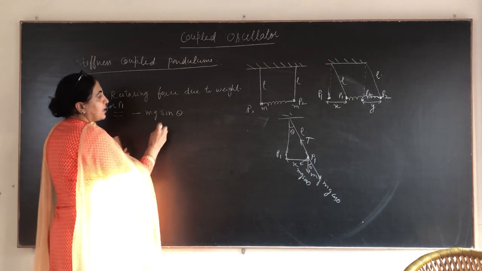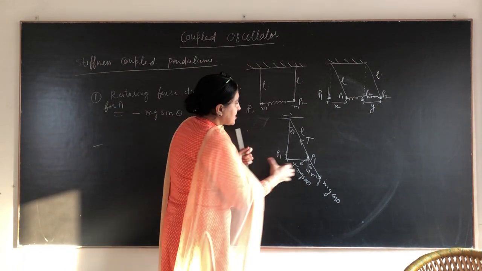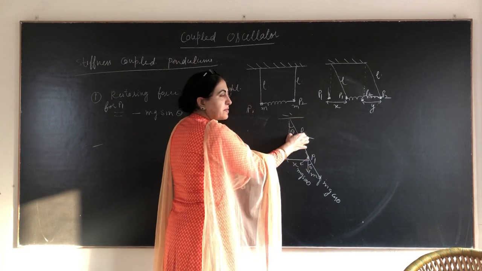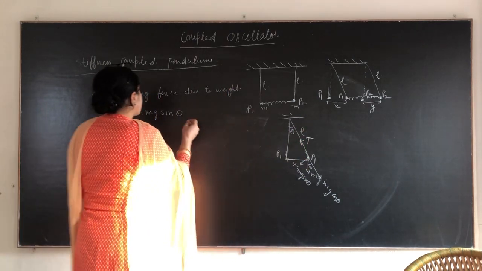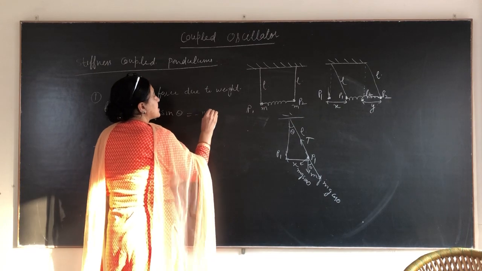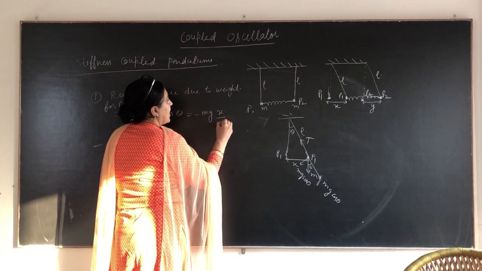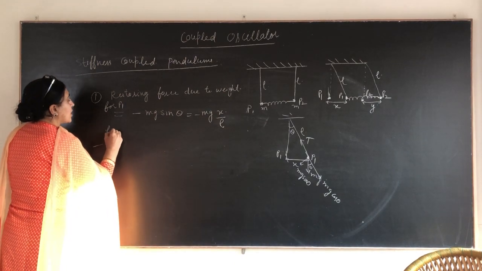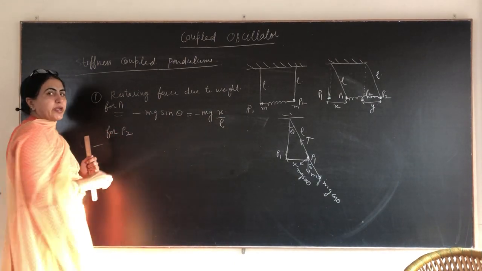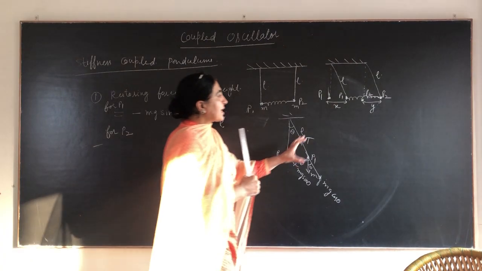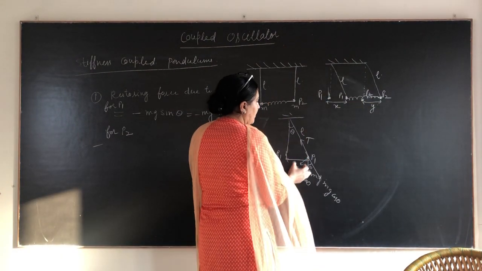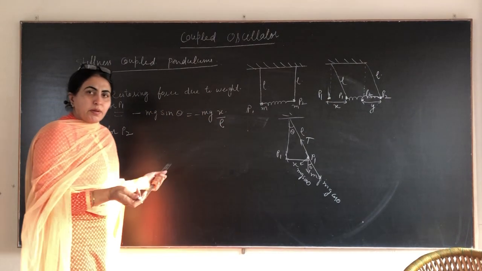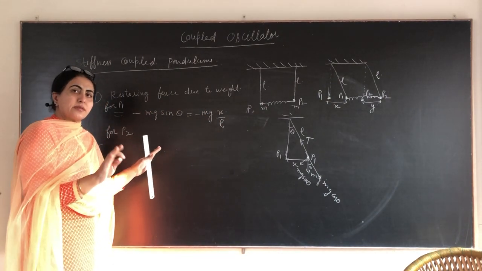Clear? And what about sin theta? This is the x displacement, this is L. So sin theta will be x by L. So this is minus mg x by L. Now the restoring force for the second pendulum P2: instead of x there will be y, rest is the same.